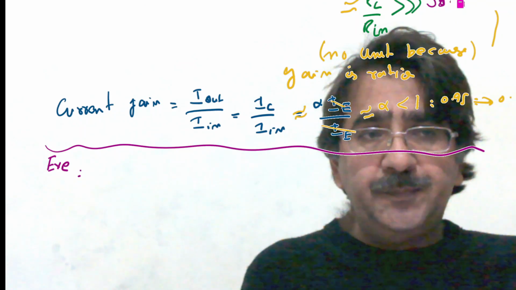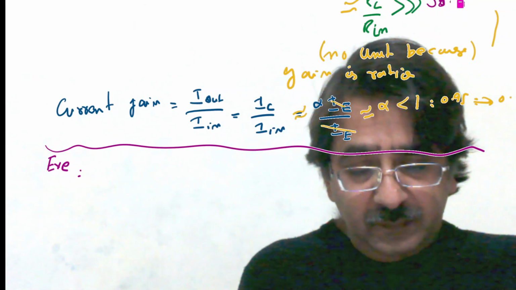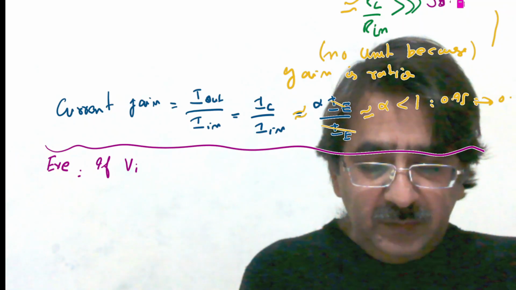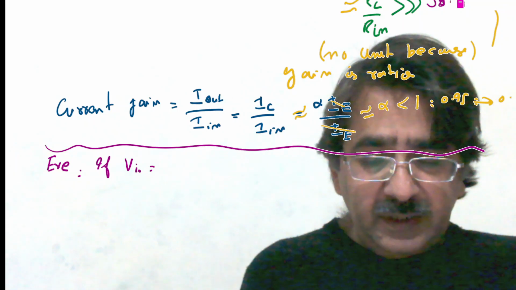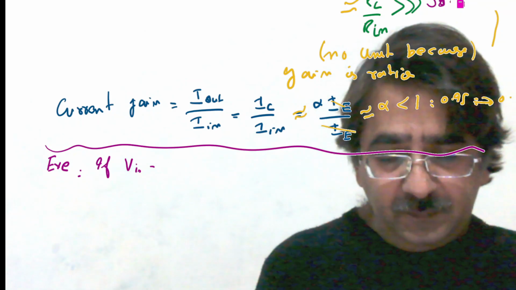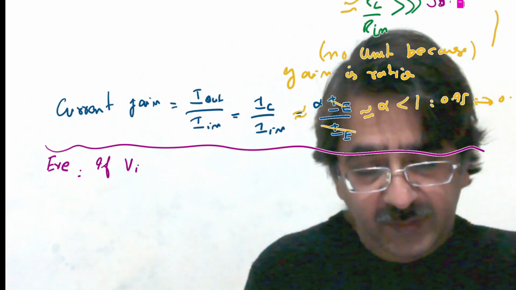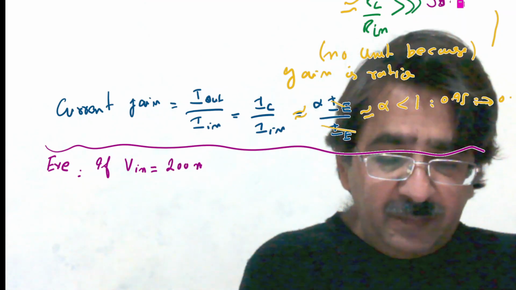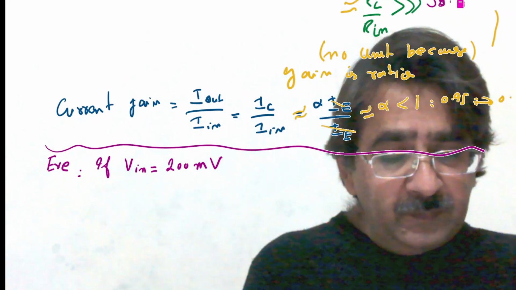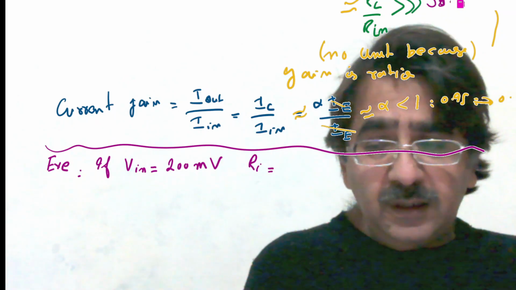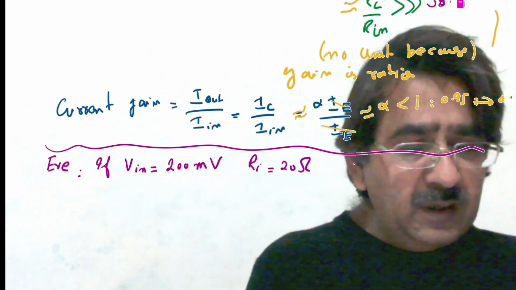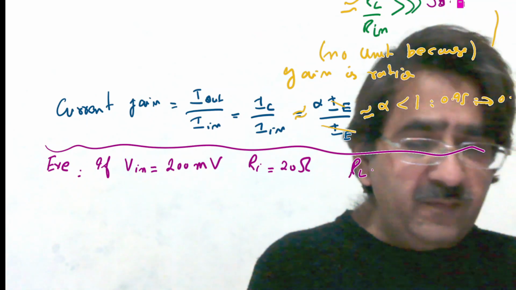If the input voltage is 200 millivolt, and the input resistance is 20 ohm. As we know, the output load resistance must be very high for this.